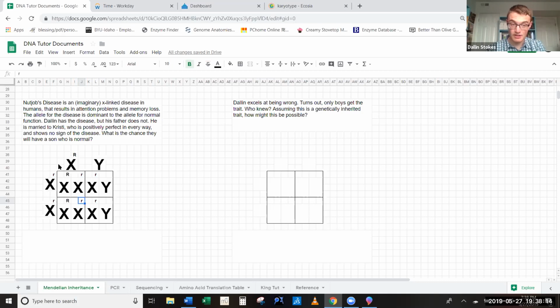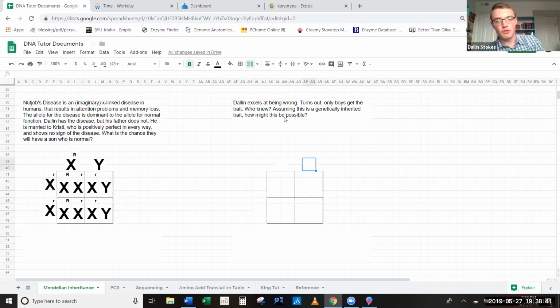Does that make sense? So again, the answer is different. We've got 0 and 100 with the disease, or since we're asking about normal, it would be 100% of the boys would be normal and 0% of the girls would be normal. Make sense? So again, don't be shocked. Read carefully. The disease can be the dominant allele.